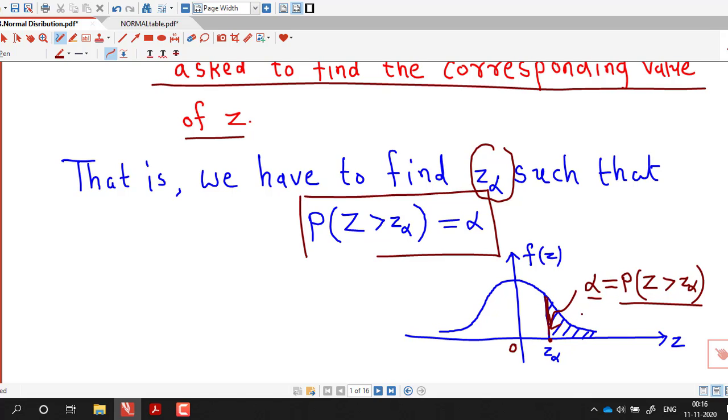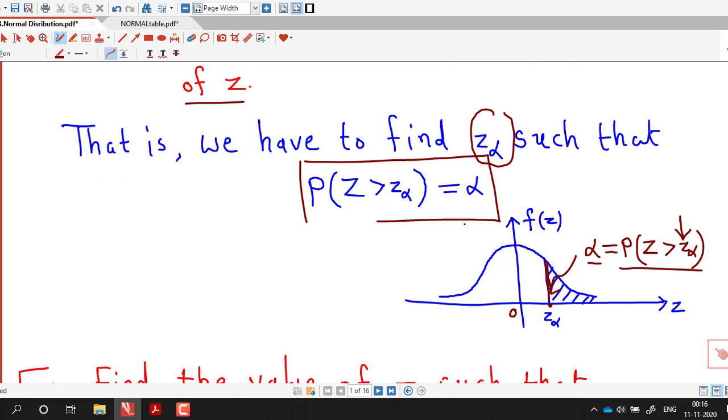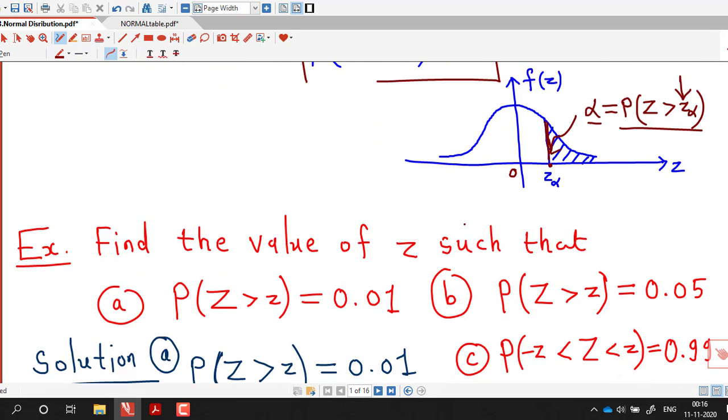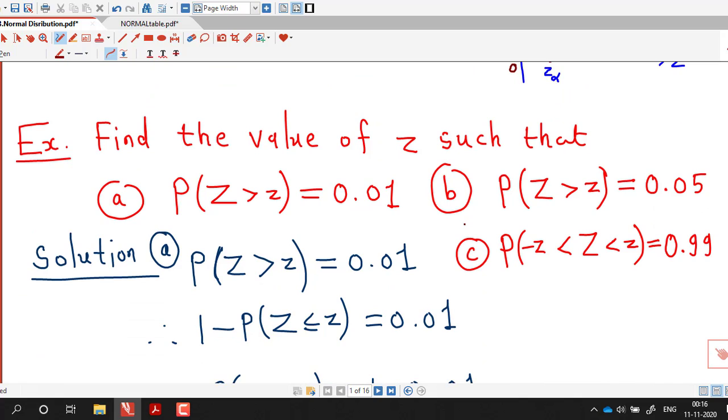So if this value of area is given, or if this probability is given, then how to find out the value of z corresponding to that probability, that we are going to discuss in this lecture.